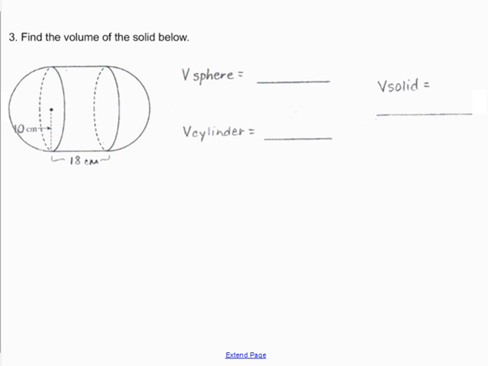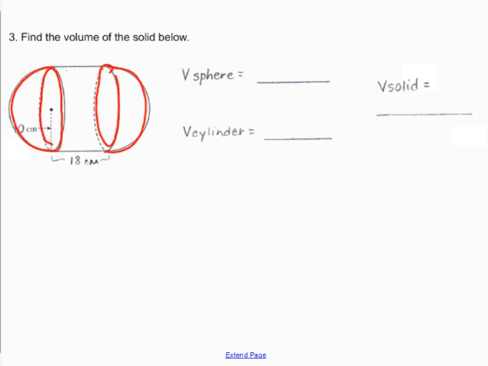Now we're looking for the volume. Volume is that 4/3 pi r cubed. So let's see. The volume of the sphere. Well, if I take this portion and this portion, that's going to make a whole sphere.